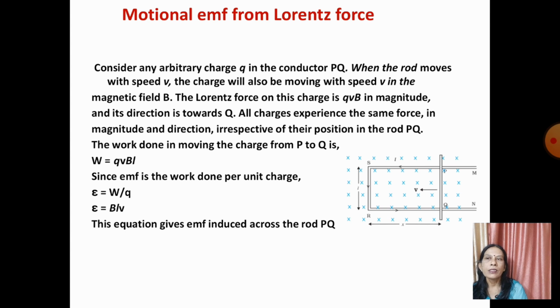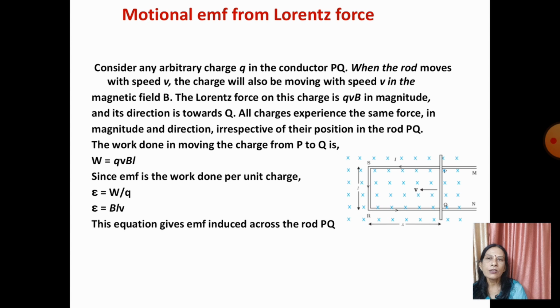Suppose the charge in the conductor PQ is Q. When the rod moves with velocity v, the charge will also start moving with the same velocity v.